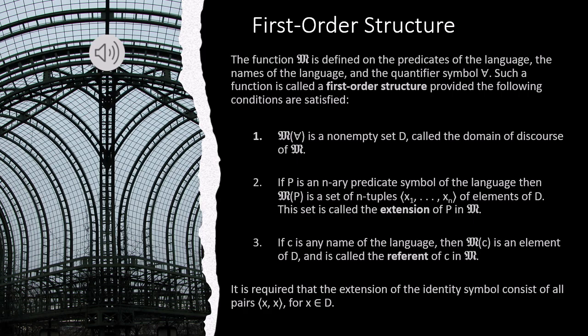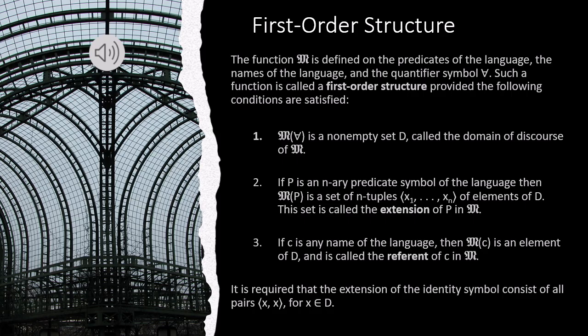Okay, so the M again is a function, and its inputs or its domain are the actual predicates, names, and the universal quantifier. And we'll say that this function itself is a first-order structure if the outputs of the function for these given symbols in our language have some very specific conditions satisfied. In fact, there are 3 of them. First, when we apply our function M to the universal quantifier symbol, that's that upside down A, what we get back is just a non-empty set.